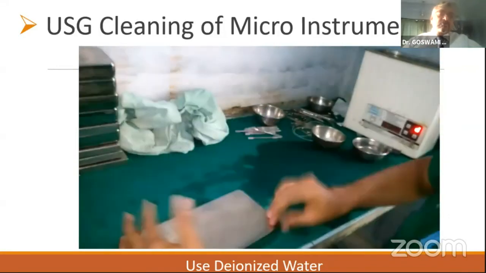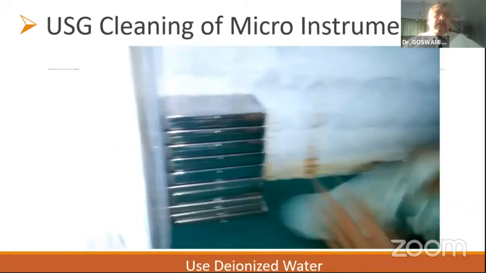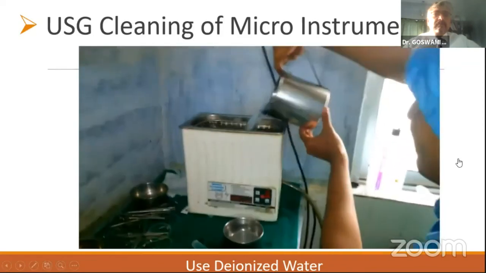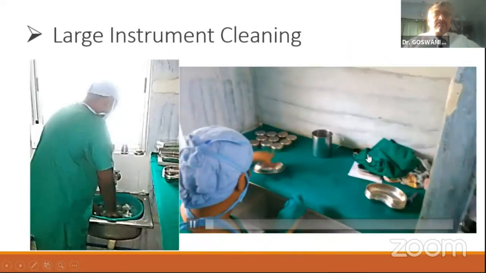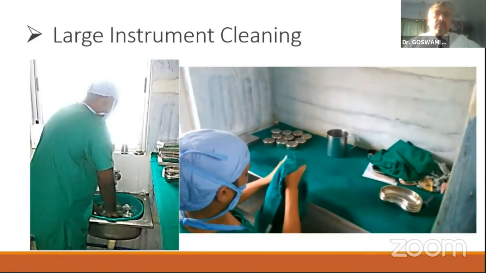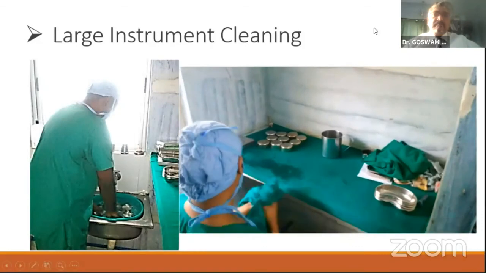And you should always ensure that you put a marker, which will be discussed in the next talk. And the instruments are put aside. Larger instruments, of course, can be cleaned using simple water from a deionized source and wiped separately like this.